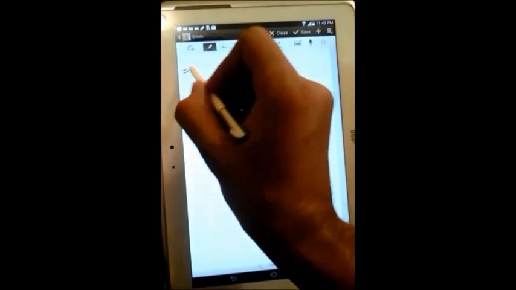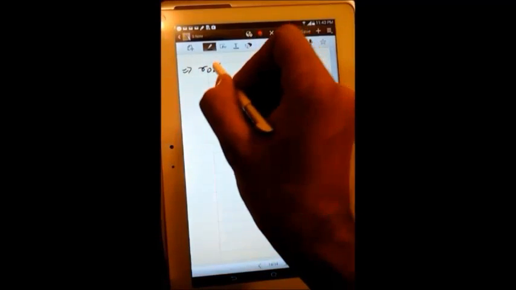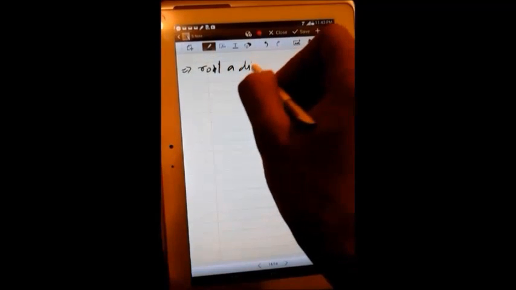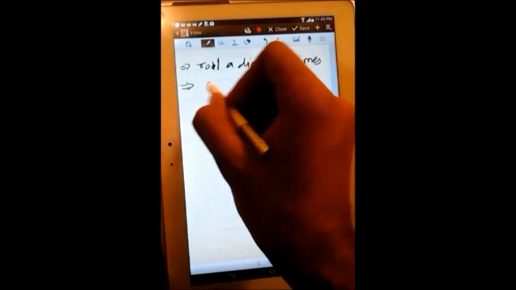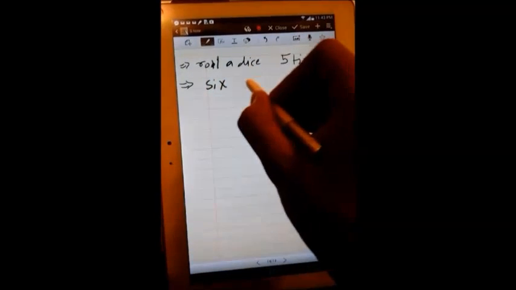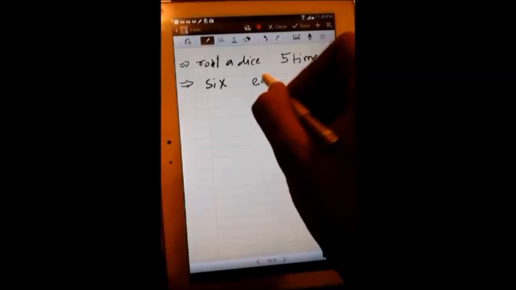Now let us consider an example. We roll a dice, say 5 times. What is the probability that we get 6 exactly 2 times?